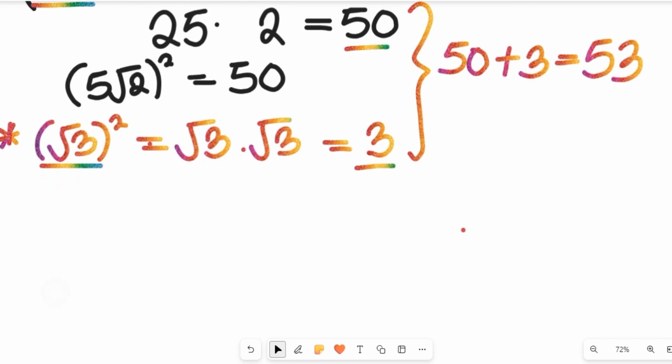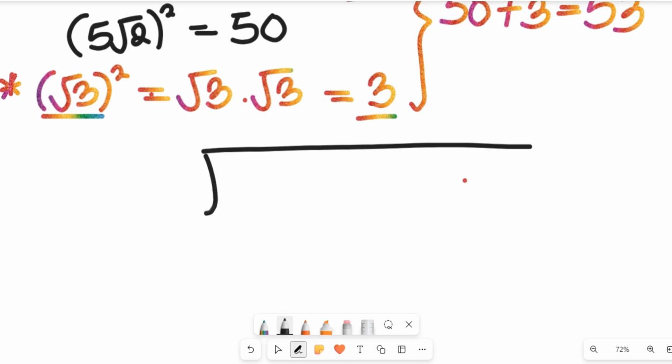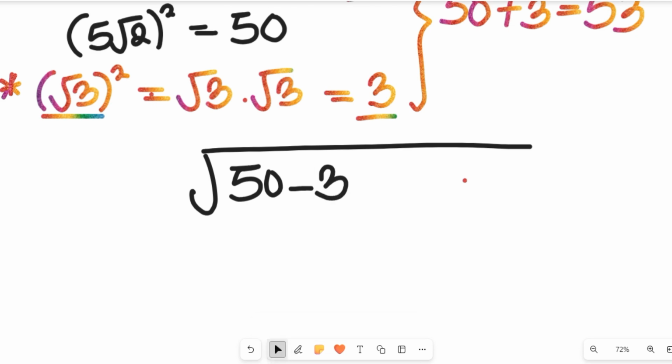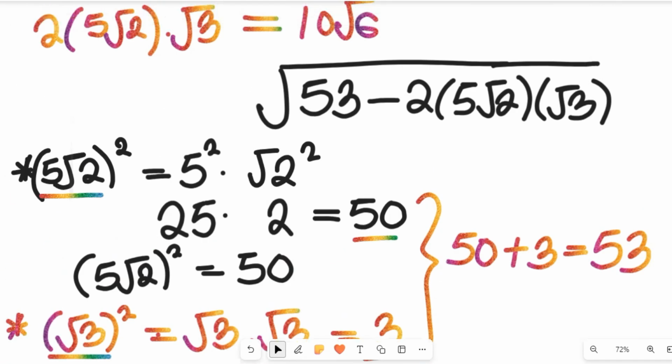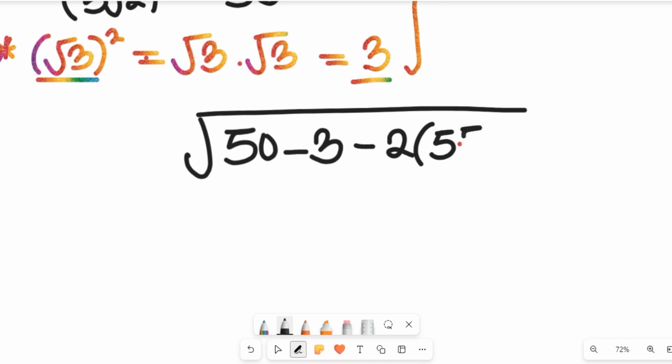If we implant it into the initial expression, it now gives us the full square root of 50 plus 3, minus 2 multiplied by 5 root 2, multiplied by root 3. Great.